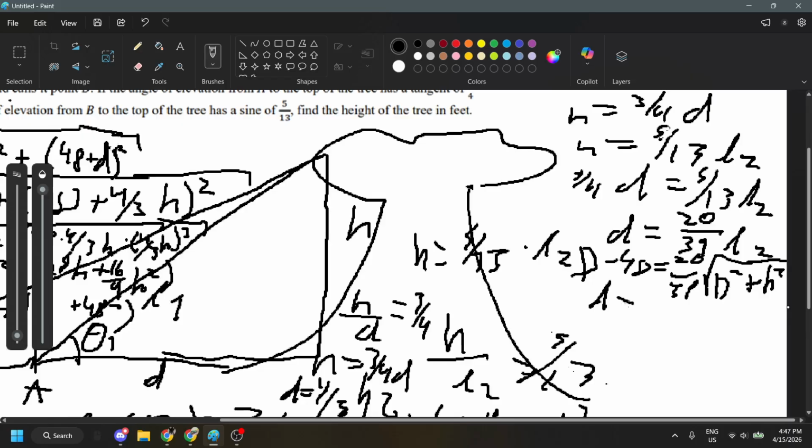What if we just use little d is equal to 20 over 39 square root of d squared plus h squared?